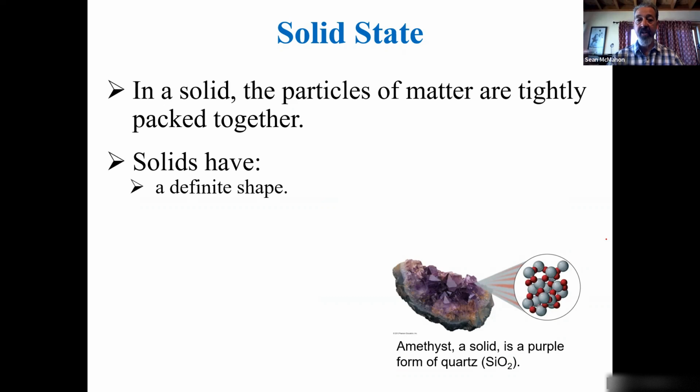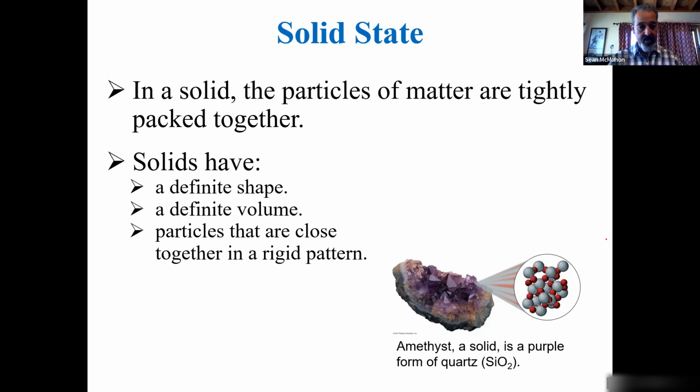As a result, they have a definite shape. That means it's a fixed shape. Like your table, it has a definite shape. It doesn't change its shape. Why? It's a solid. The particles are really close. It has a fixed volume, a definite volume. The volume doesn't change. It has a rigid pattern. If we go to the microscopic level, it has a pattern to the solid.